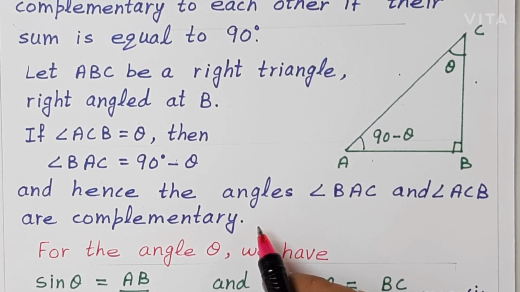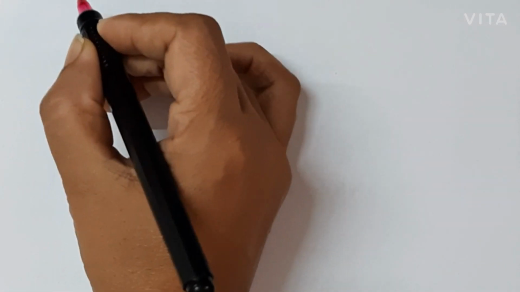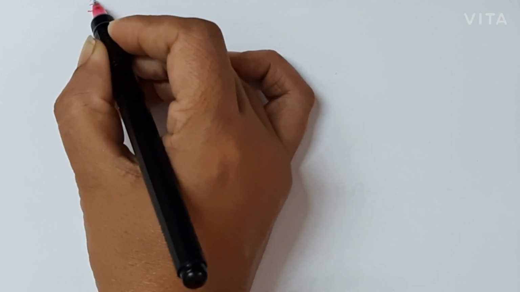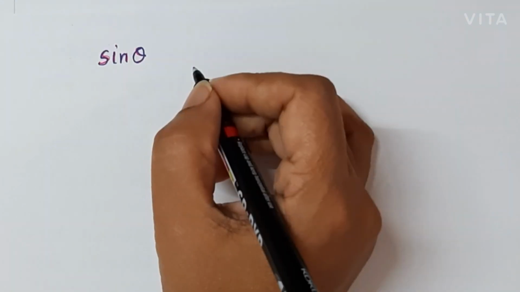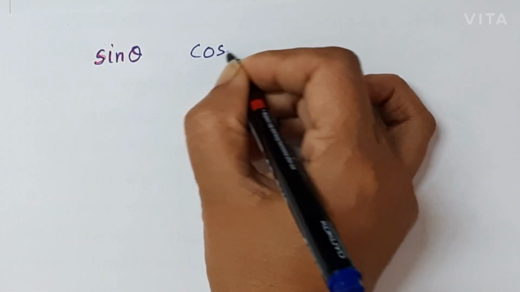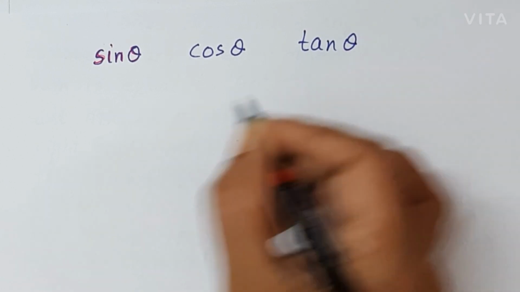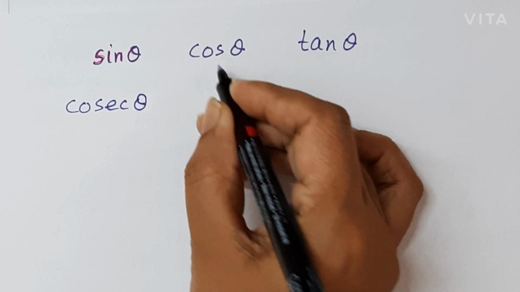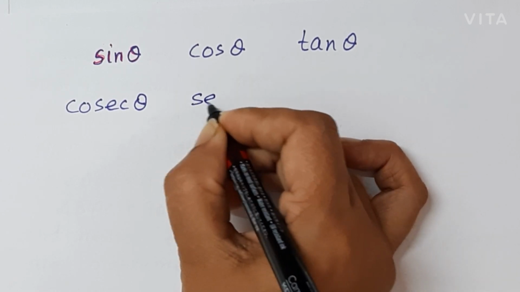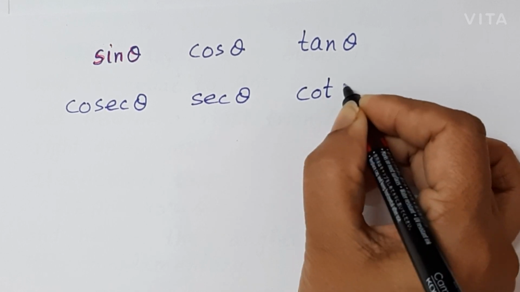Now students, let us revise what we have done in the previous lectures. If you remember, we have done sin theta, cos theta, tangent theta, then cosecant theta, then secant theta, then cot theta.